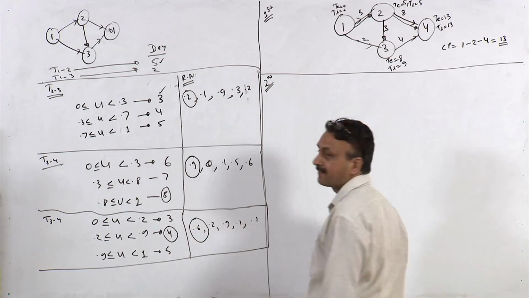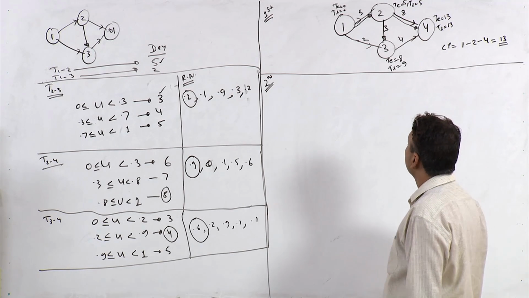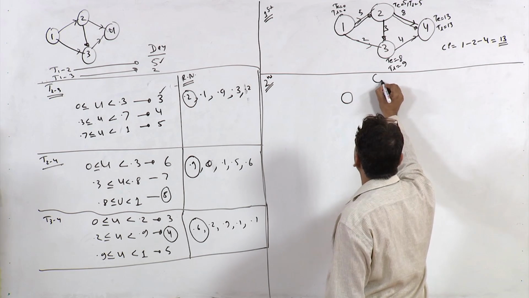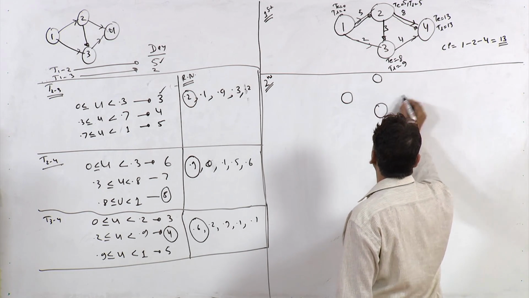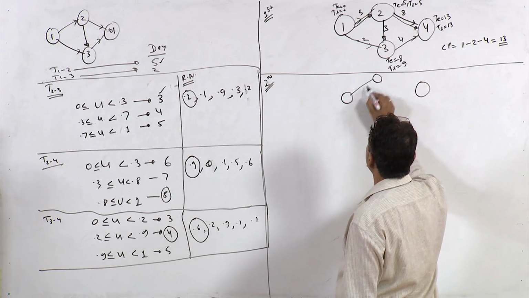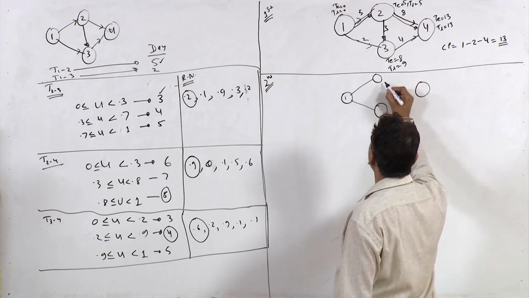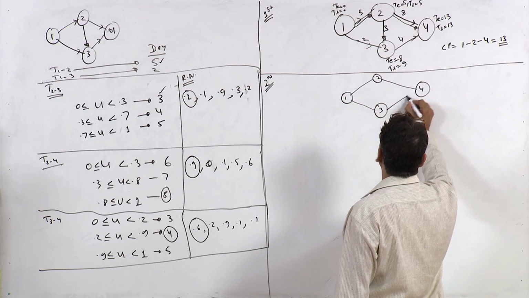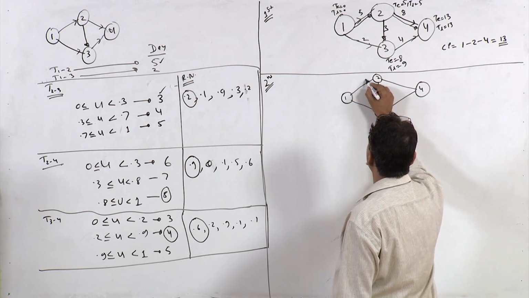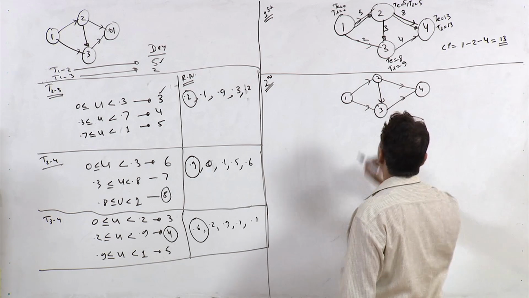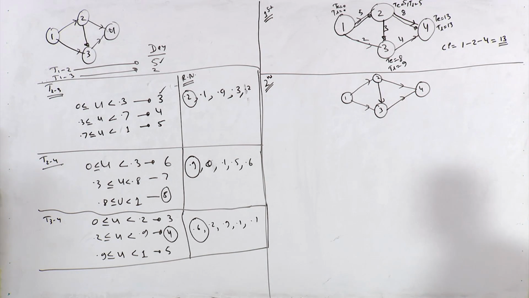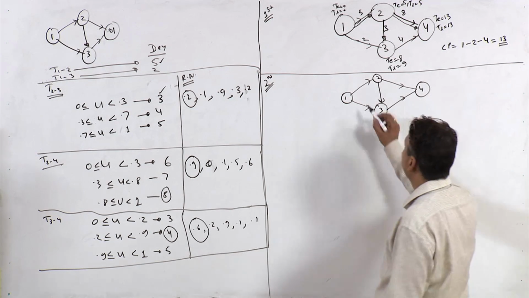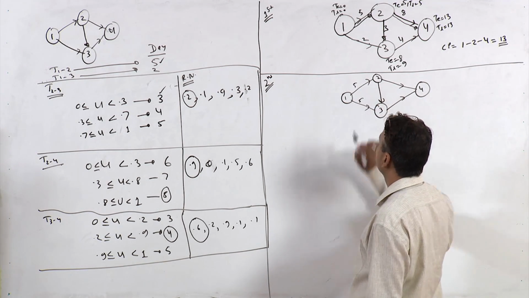Second run, same network: 1, 2, 3, 4. As far as 1-2 and 1-3 are concerned, their durations are fixed.